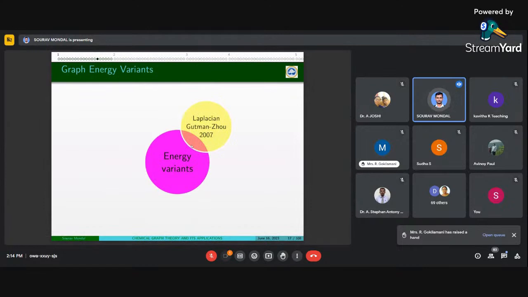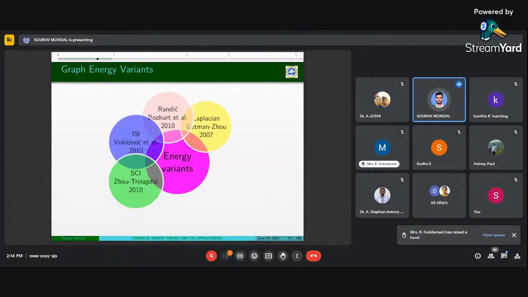These are some energy variants. Laplacian energy is very famous. Randić energy, inverse sum index energy, sum connectivity index energy, arithmetic geometric, atom bond connectivity, Jacobi energy, and so on.